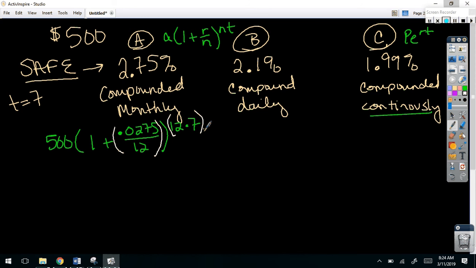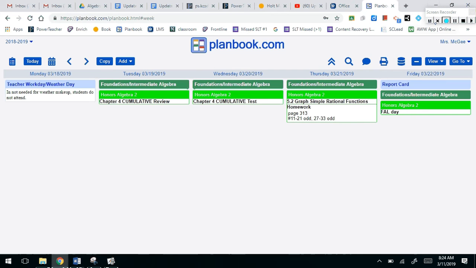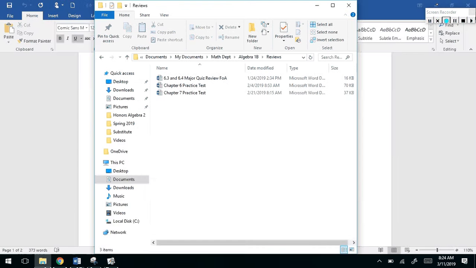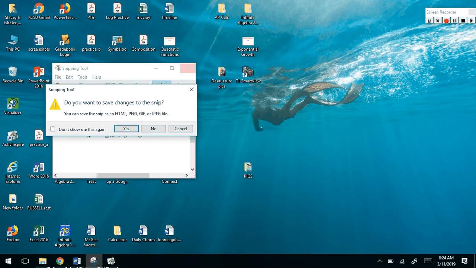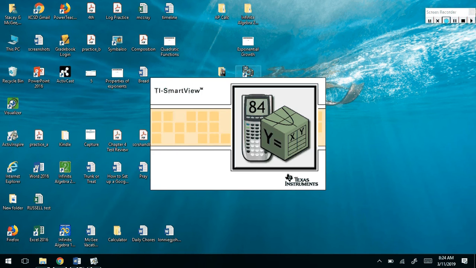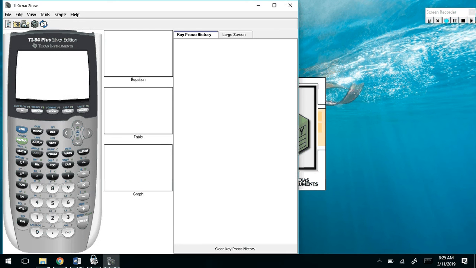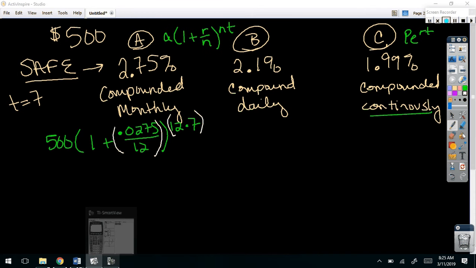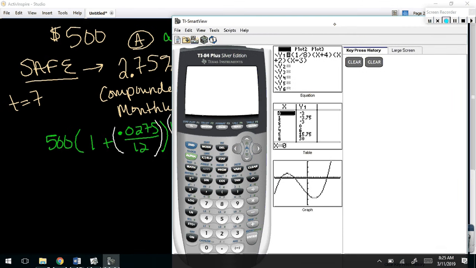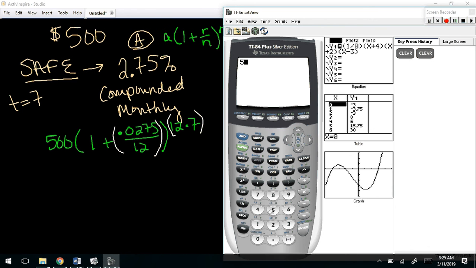Plug it in and see what you get. If I can find my calculator, I'll do it also. 0.02, yeah, because it's 2%. 0.2 would be 20%. Yes.